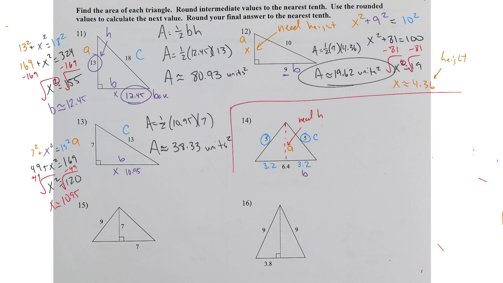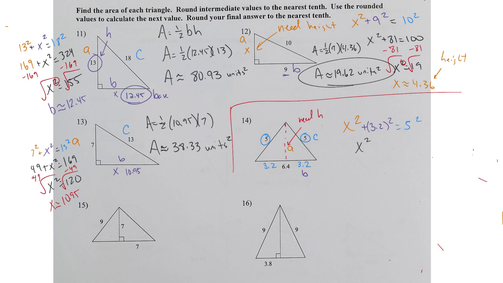So we don't know A, so I'm going to say x squared plus 3.2 squared equals 5 squared. So now I'm going to put in my calculator, 3.2 squared, I end up with 10.24.